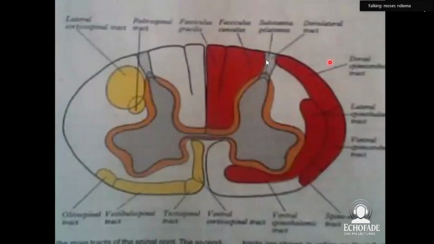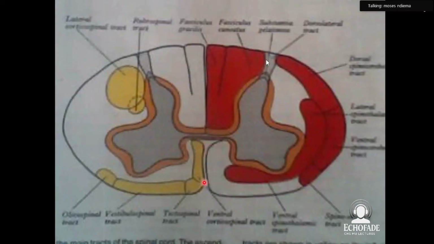Now, as we look at the structure of the spinal cord, it is covered by meninges, like I've said, and the spinal cord consists of white matter on the outside and gray matter on the inside. But we also need to note some important features. You can identify the anterior, the ventral part of the spinal cord by looking at this fissure.